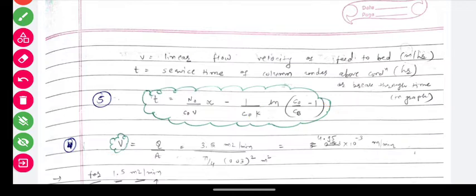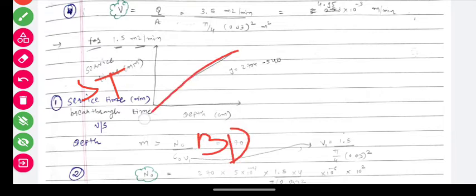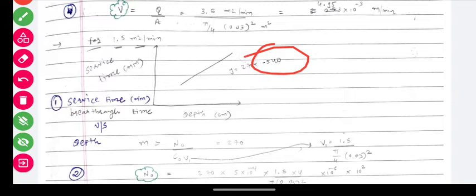Which graph do you have to plot? The same way we plotted in the BDST. Here is your service time, here is your bed depth. You will get a plot like this. Here is the intercept, and this is the minus value. So this is your intercept, minus 540, and this is your slope.